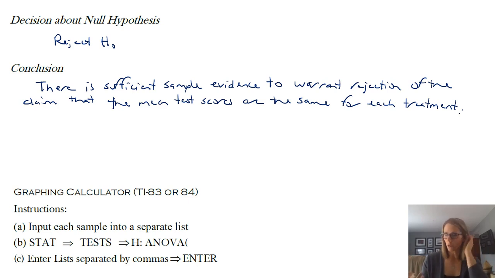We could do other hypothesis tests to see what kind of evidence we have in support of two of them. But this would be a great way to start off, because if you fail to reject this, there's nothing else you would need to do because they're too similar. But if you reject, maybe you'd want to go further and see which of the means are actually the farthest apart from each other.